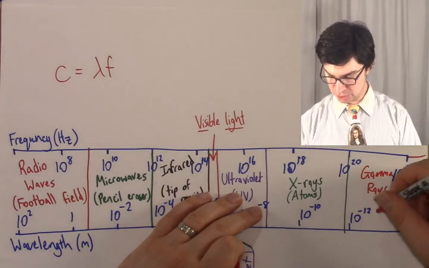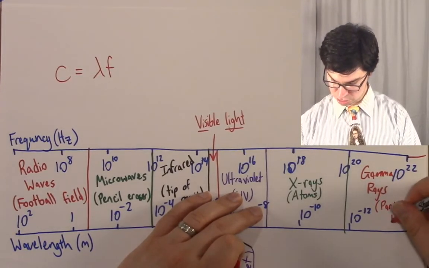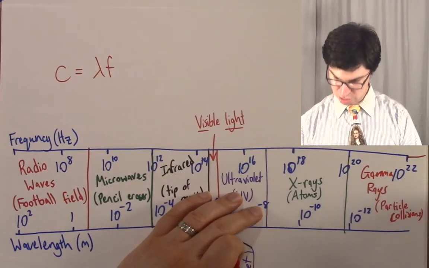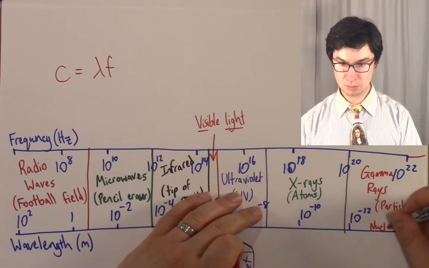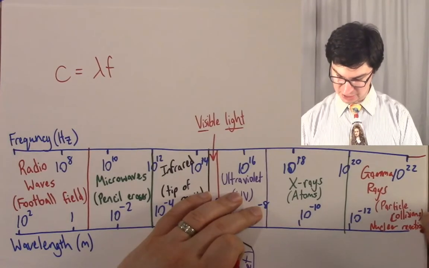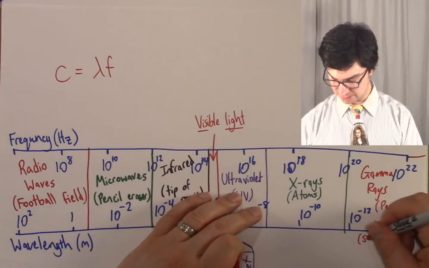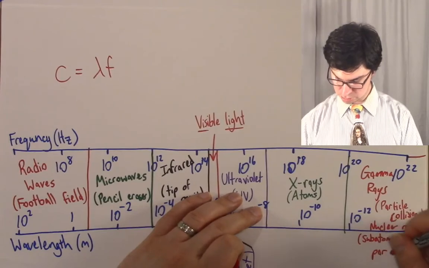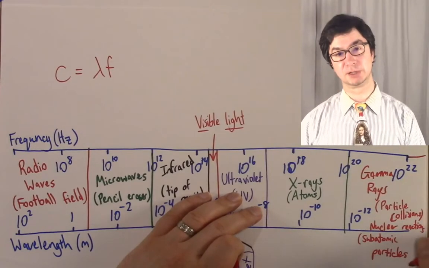So we're talking about particle collisions, and we're talking about nuclear reactions. And these are even smaller than atoms. They're on the order of magnitude of subatomic particles. And they can be used actually to split atoms.